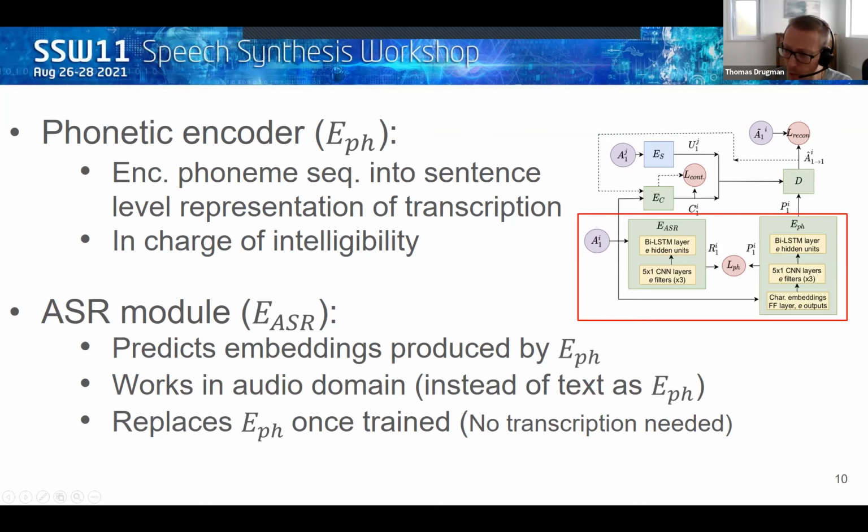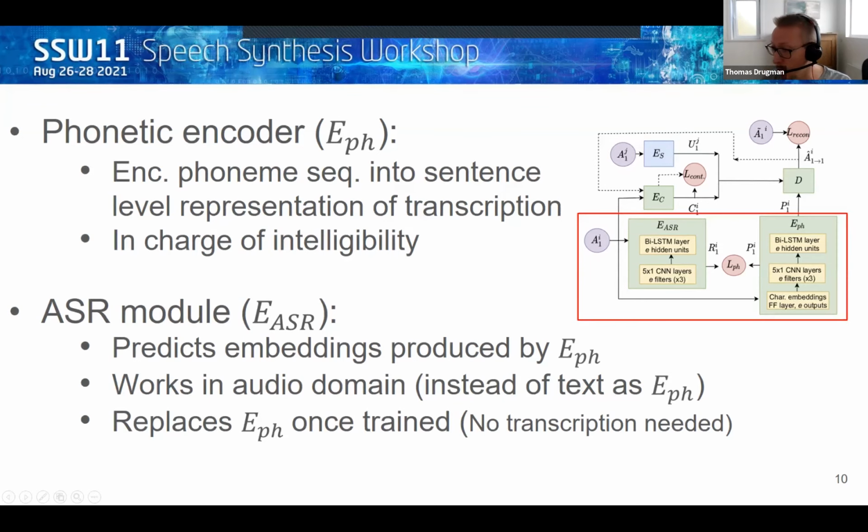And actually during inference, because we don't have any phonetic transcription of the utterance, this phonetic encoder here during inference will be removed. And the goal of the ASR encoder is to substitute it. So we want to produce embeddings which are as close as possible to the phonetic embedding. Therefore, ASR takes as input only spectrograms, only the audio, and doesn't use any phonetic transcription.